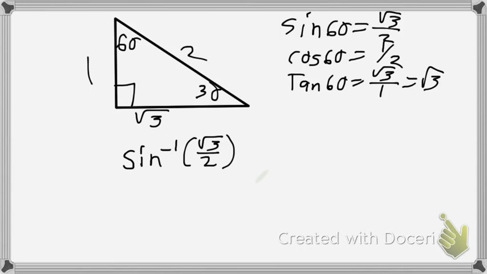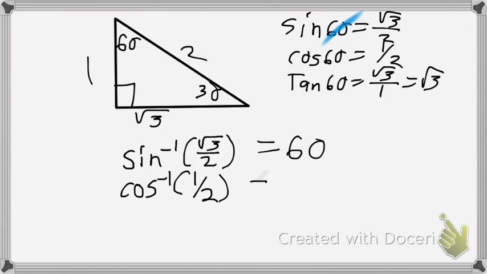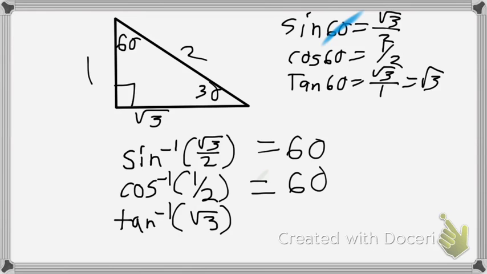Instead of saying, what is the sine of an angle, we're giving our calculator the sine ratio, and we're saying, calculator, tell us what it is. Now look at this. If we do that on our calculator, we're going to get 60. If we say, what angle gives us a cosine of 1/2, our calculator will say, why, Mr. Renard, it is also 60. And if we say, calculator, what angle will give us a tangent of the square root of 3, the calculator will say, why, Mr. Renard, that too is 60 degrees.